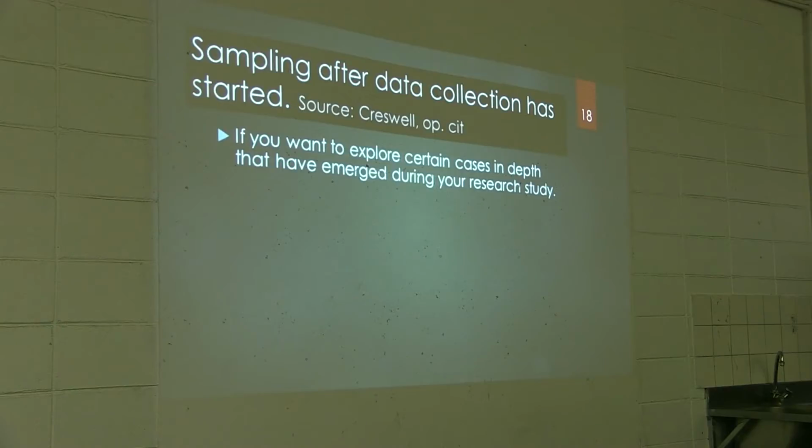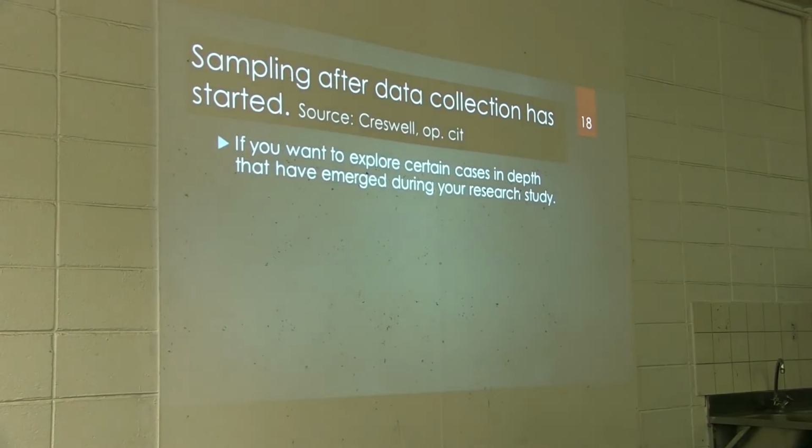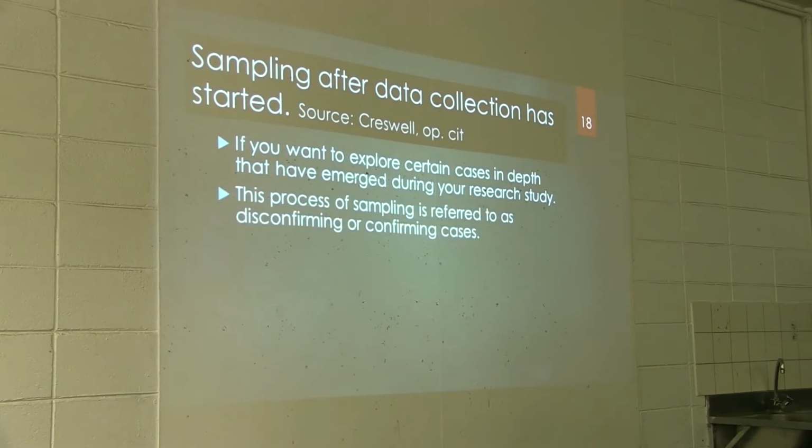If you want to explore certain cases in depth, for instance, the impact of individual performance management systems among academics, you want to explore it deeper. Certain things will have emerged which you didn't know. This process is referred to as confirming or disconfirming sampling.